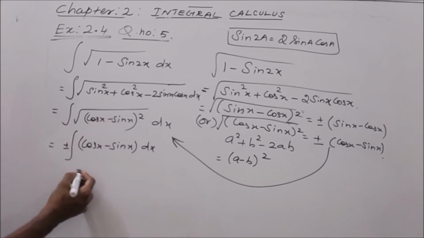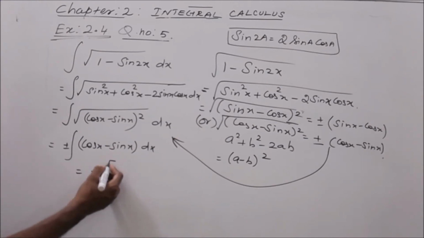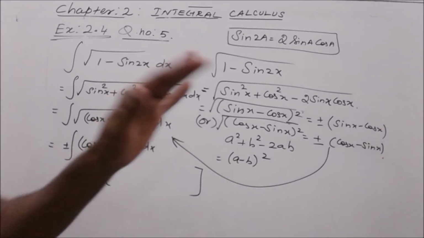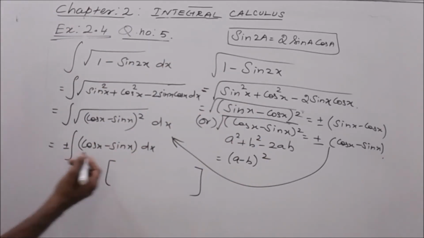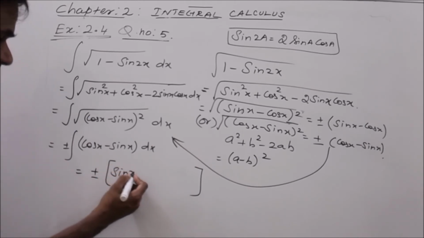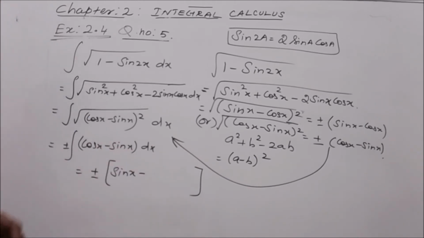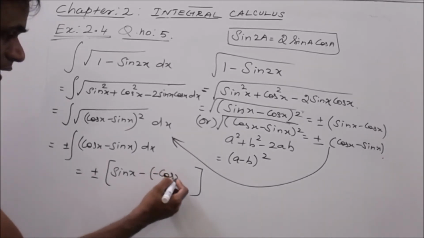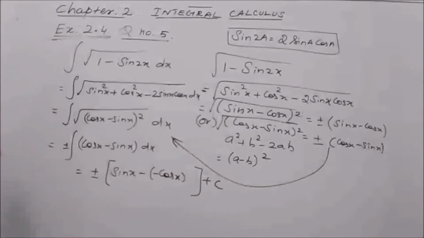Now integrate: the derivative of sin x is cos x, so the integral of cos x is sin x. Then the integral of sin x is minus cos x, so here we have minus, minus cos x, plus constant of integration c.